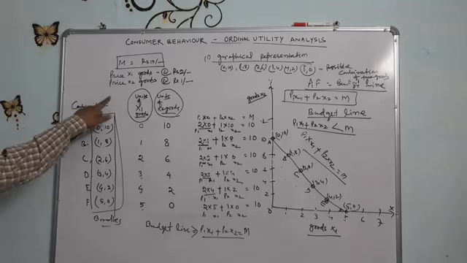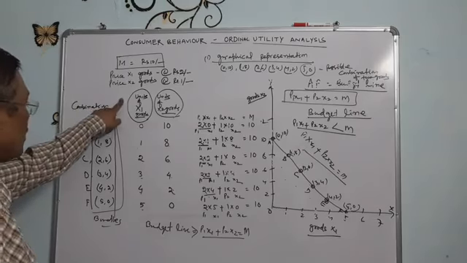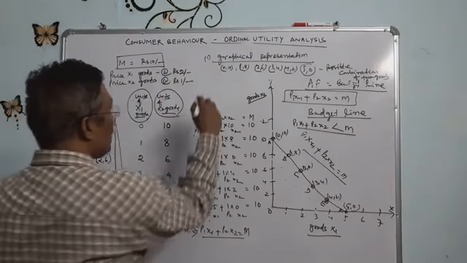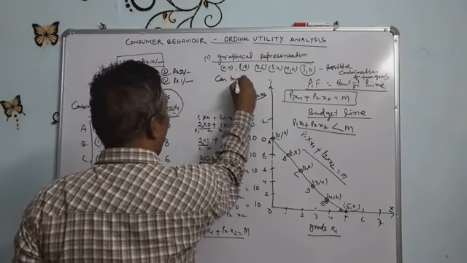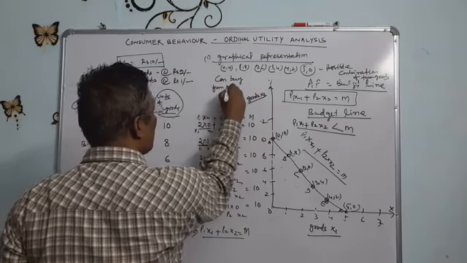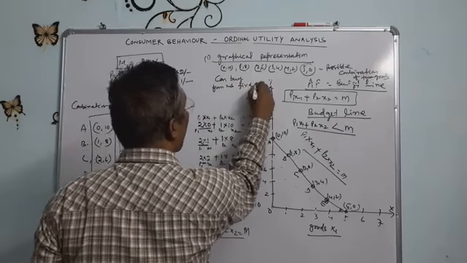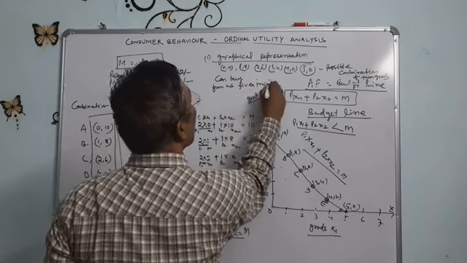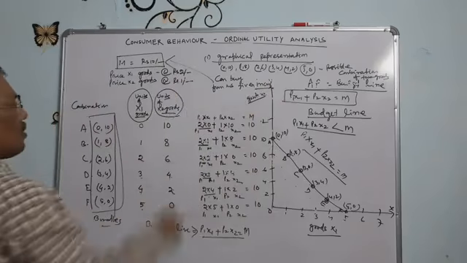One consumer can buy from his given income, that is 10 rupees.